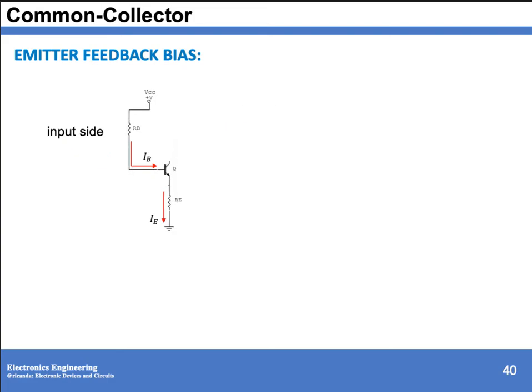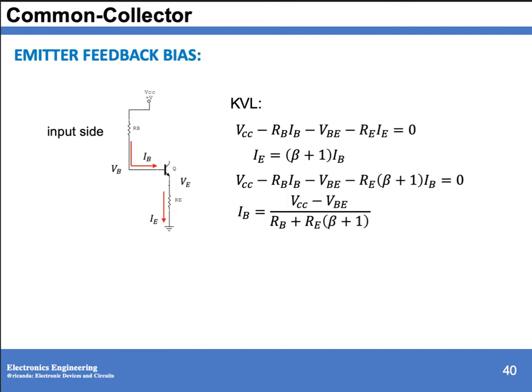At the input side, you have your voltage at the base and voltage at the emitter. Applying KVL, we have VCC minus RB IB minus voltage base-emitter minus RE IE equals 0. Since IE is beta plus 1 IB, therefore we can solve your IB as VCC minus voltage base-emitter over RB plus RE times beta plus 1. And IC is beta IB.